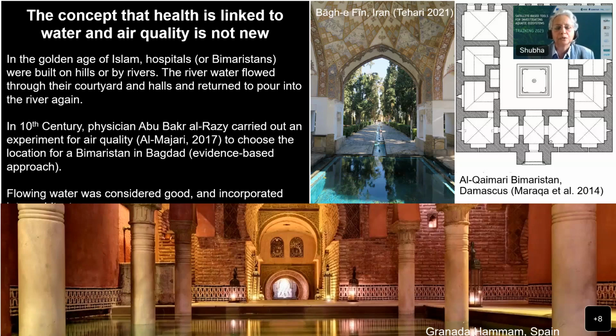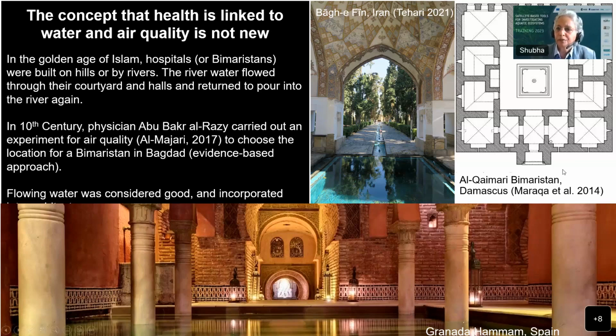quality. So they built their hospitals on hills or by rivers, and then their engineering was such that they diverted the water to flow through the courtyard and the halls of the hospital, and then the water flowed back into the river.